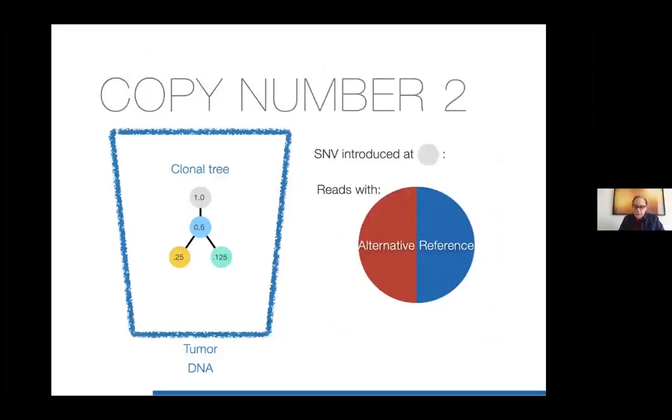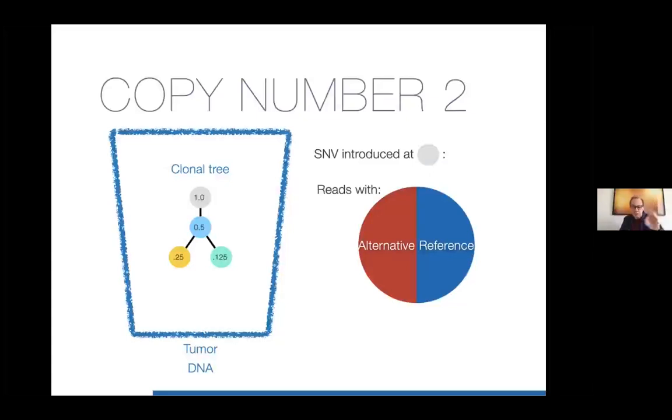As I said before, I assume that the copy number of the tumor cells, the cancer cells, is 2. And that makes it easy to understand: if we have a mutation, or as I will be calling them, single nucleotide variation, SNV, think about it as a mutation. We have one introduced here. Then all the cancer cells are carrying that mutation.